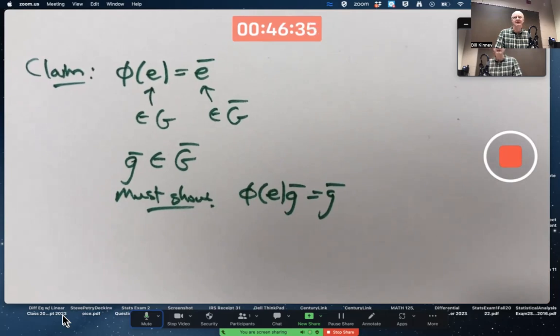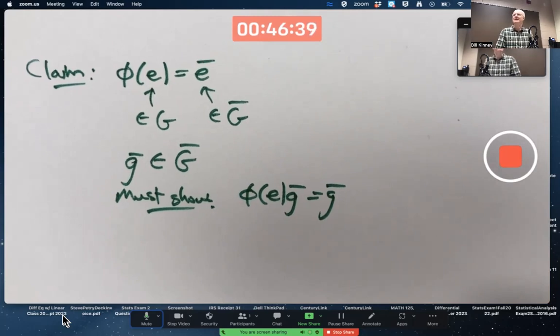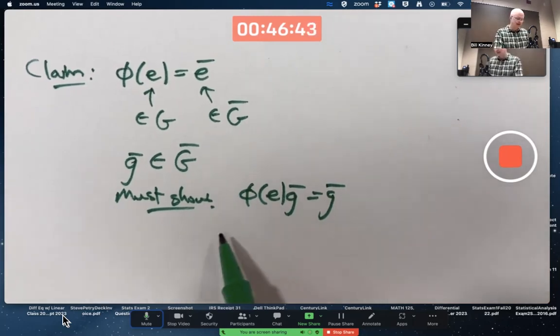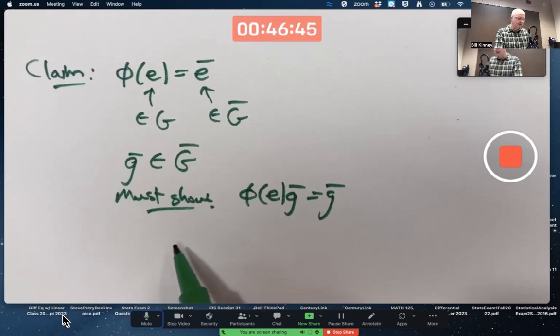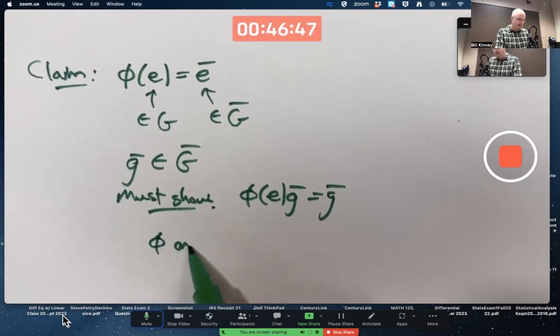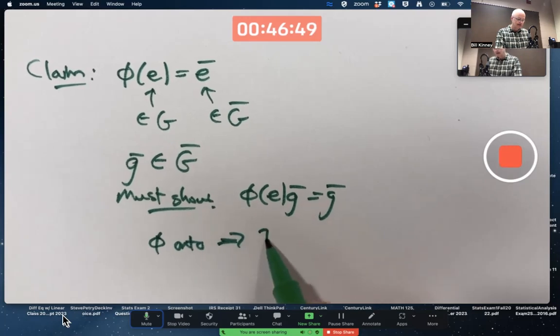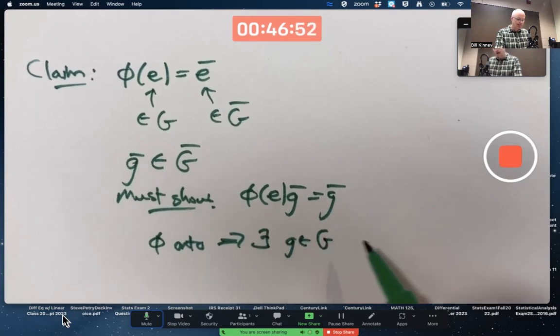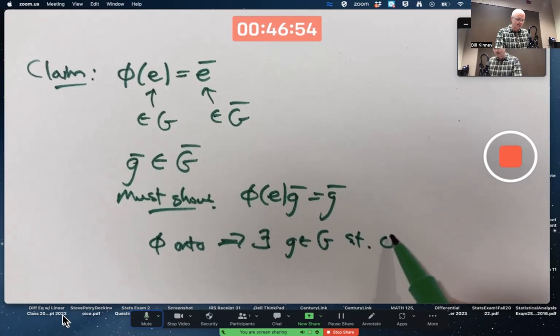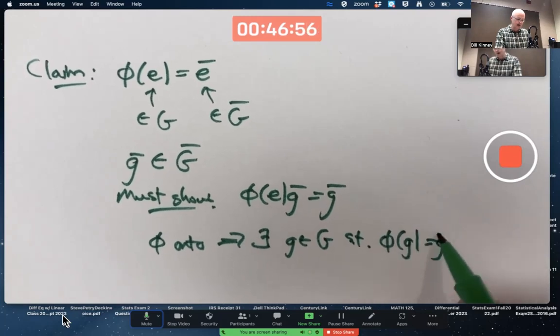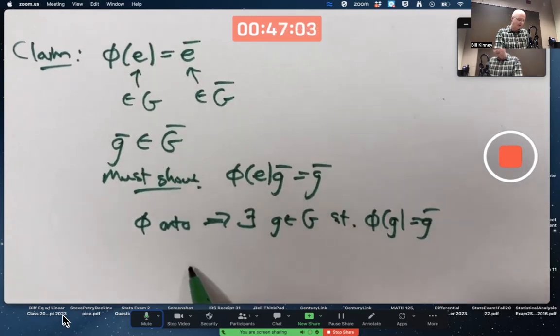At least one way it could be done, maybe this is not the most ideal, but it certainly is a possibility, is you could say, well, since phi is onto, that means there exists a G in capital G such that phi of G equals G bar. Maybe I should use that fact.